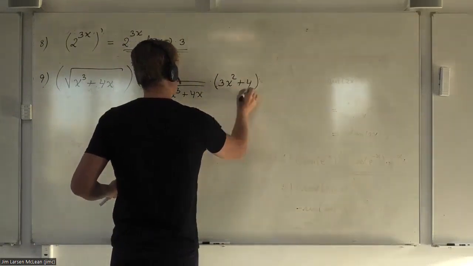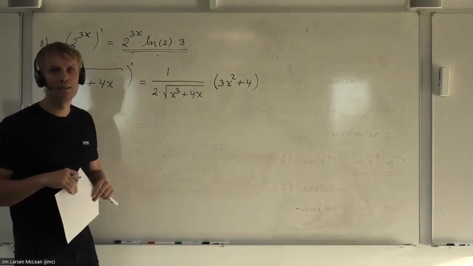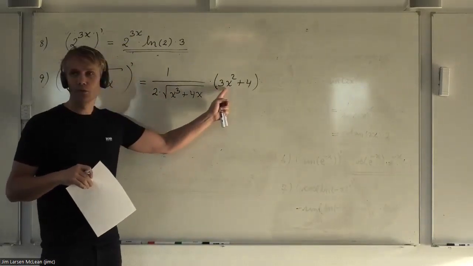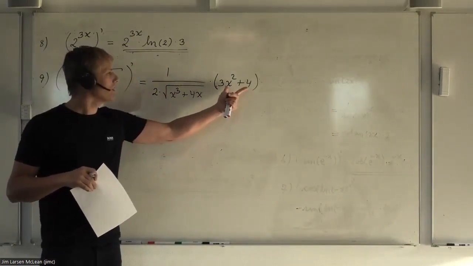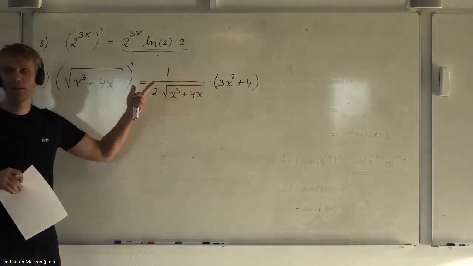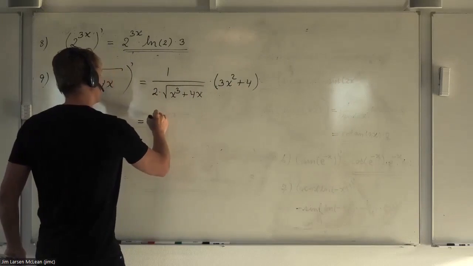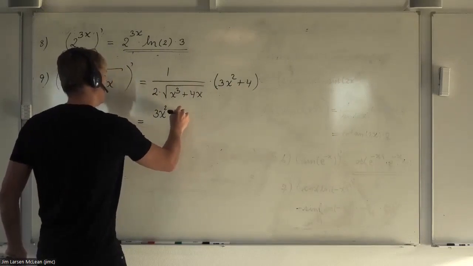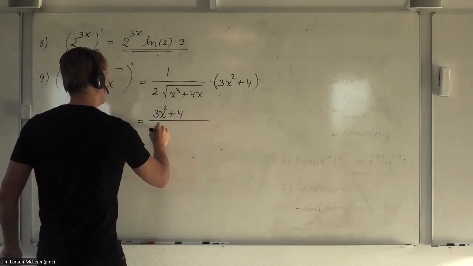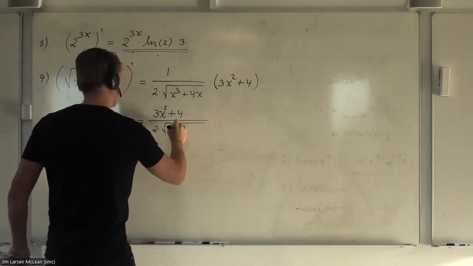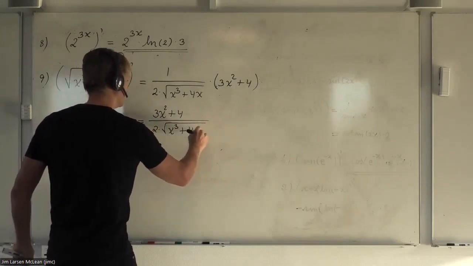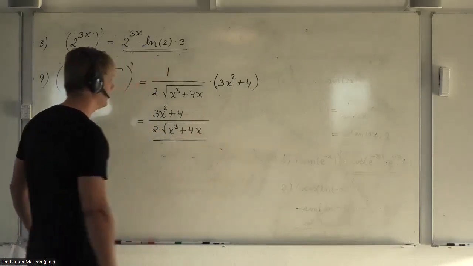The parenthesis is important at the start, because here I only get to multiply by 3x. But if I multiply 3x squared plus 4 up in the numerator, it looks like this: 3x squared plus 4, all divided by 2 times the square root of x cubed plus 4x. And then it's done.